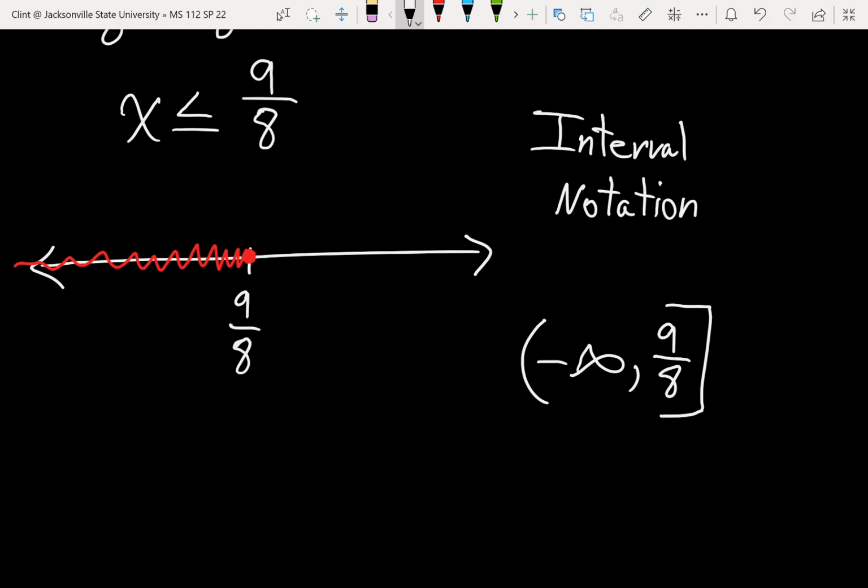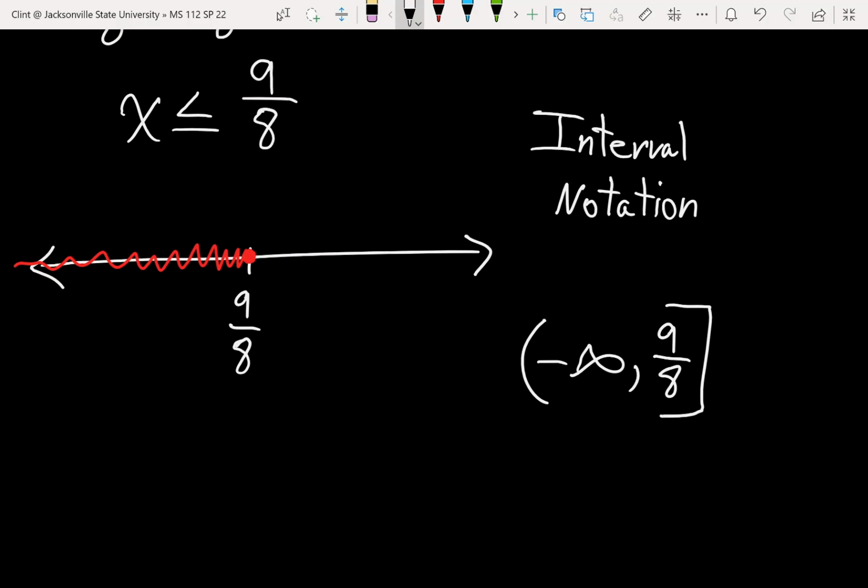So a bracket is if you're including that number, parentheses if you're not including that number, with one little caveat. If you have infinity or negative infinity, they are always paired up with a parenthesis. Kind of the philosophy behind that is infinity is not really a number, so we can't actually get there. So we can't say we're including infinity as part of our solutions.